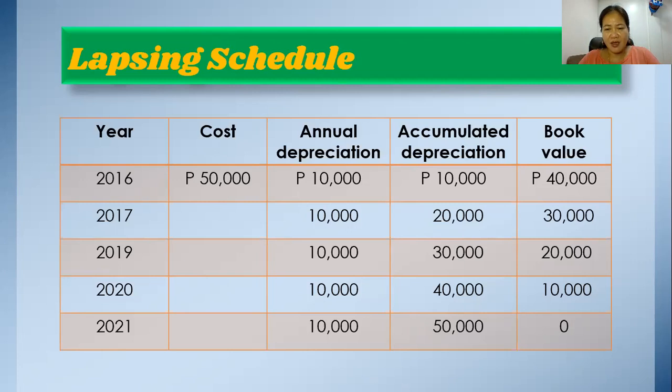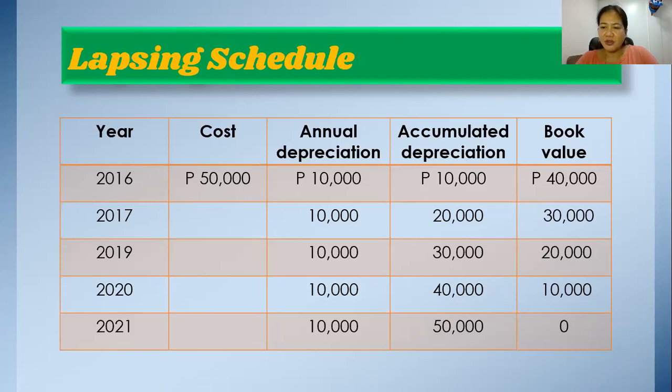If you remember, accumulated depreciation is a contra asset account, meaning this is an asset deduction account. Your accumulated depreciation will increase by the amount recognized as annual depreciation. So for the first year, your annual depreciation is 10,000, and your accumulated depreciation is 10,000 also.